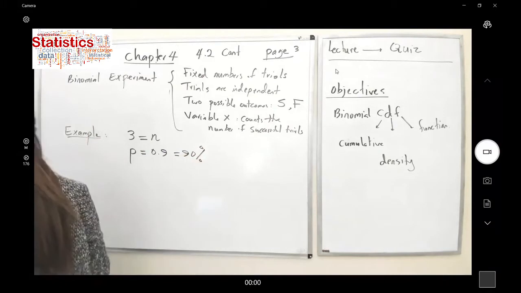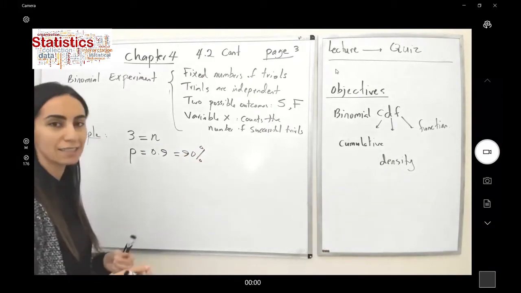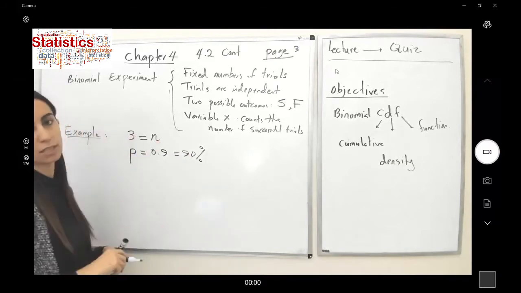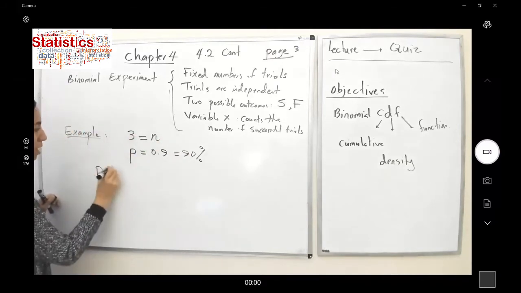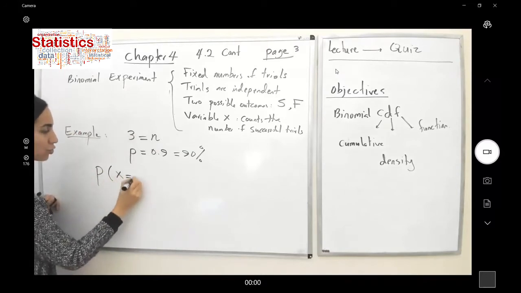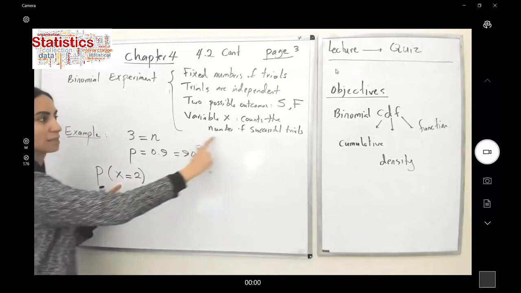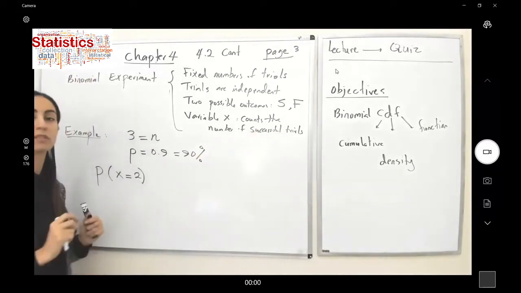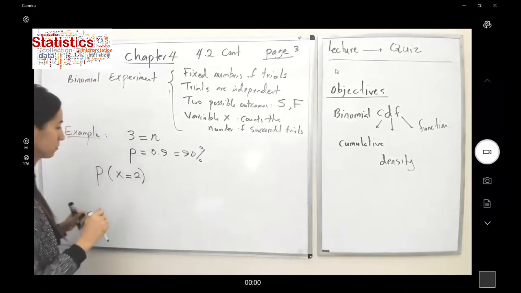The question asks, what is the probability that you have exactly 2 successful surgeries? Remember that X counts the number of successful tries. X is 2 successful surgeries.